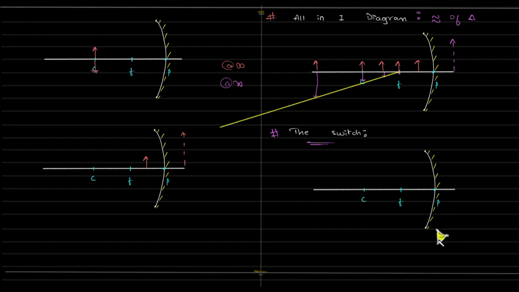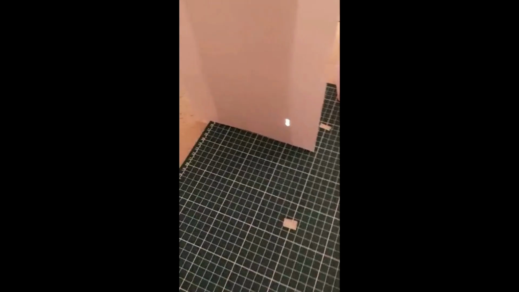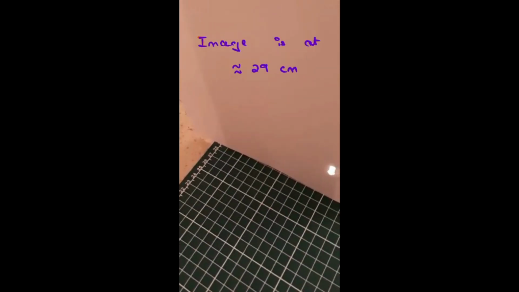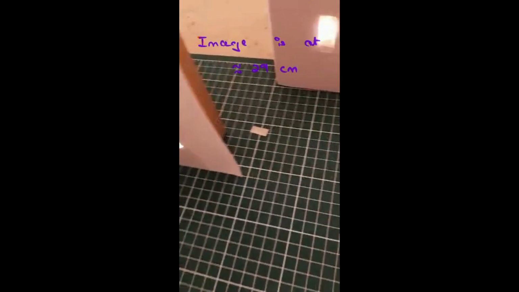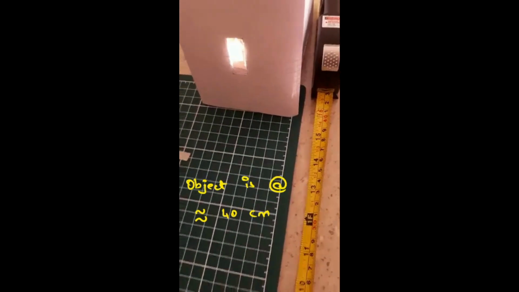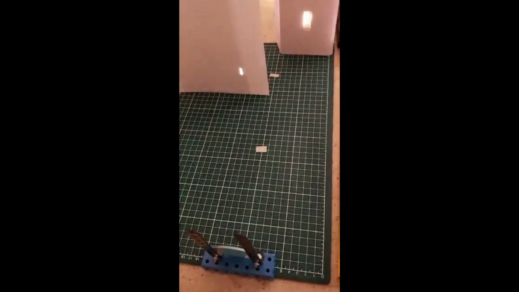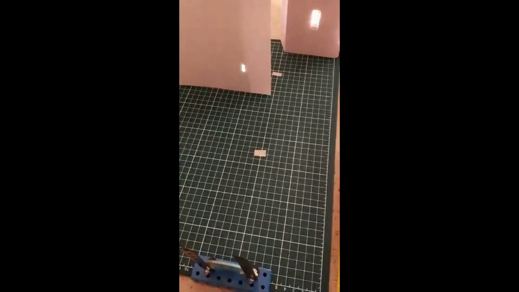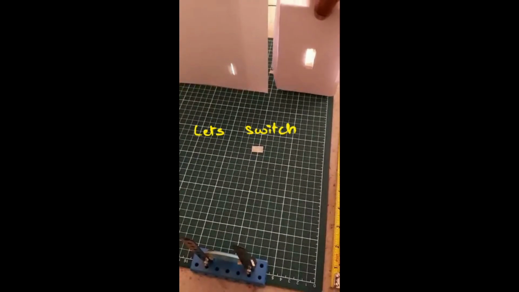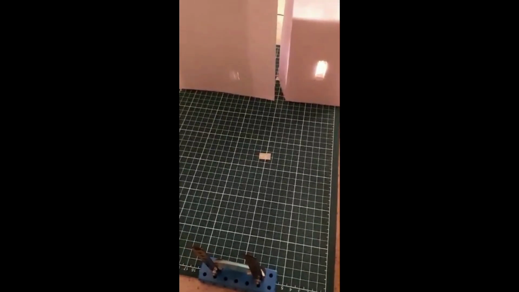So let us discuss the switch. We can see the image is at almost 23 centimeter, while the object is at almost 40 centimeter. We are using a concave mirror itself. So I'm switching. I kept the object at approximately 29 centimeter.